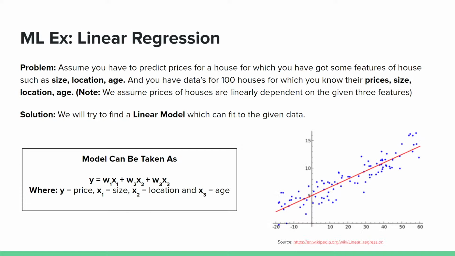Let's get started with our first algorithm, linear regression. You can see the photo right here. Linear regression is nothing but y equals mx plus c, just that x is actually a matrix of data. Recall the house price problem I mentioned earlier.